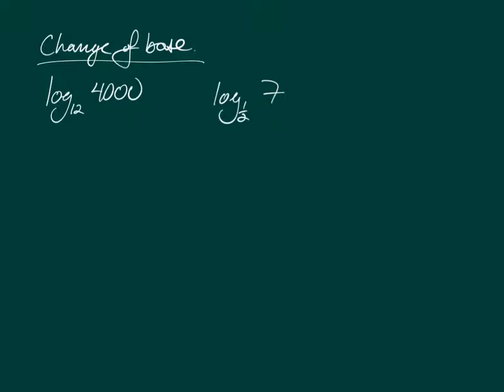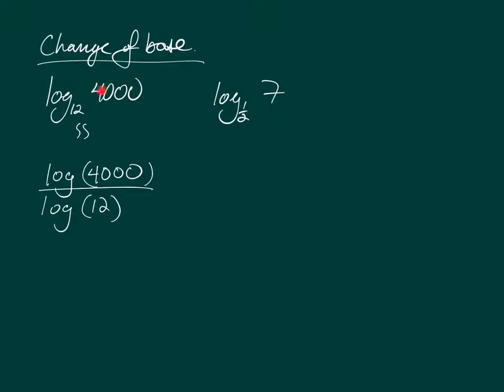On this slide, I will briefly talk about the change of base formula and how to use it to approximate different logs. To use the change of base formula, you will simply calculate the log of the argument and then divide it by the log of the base of the original log.